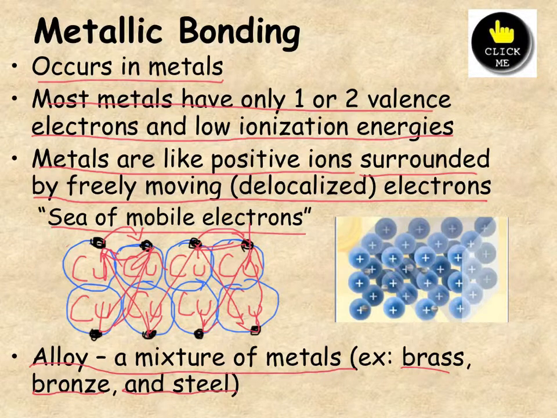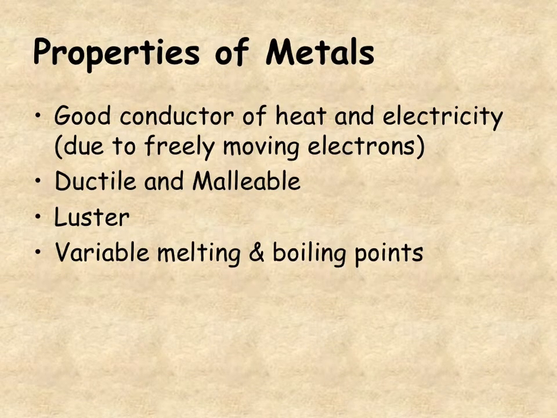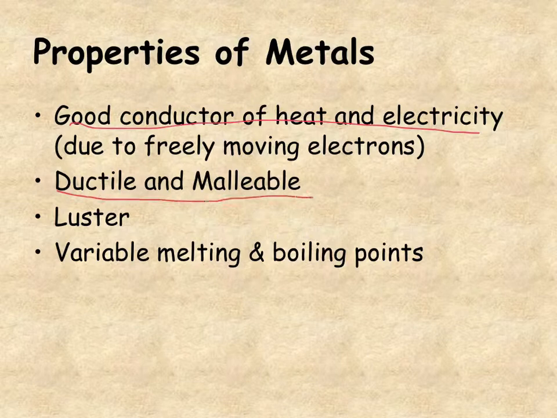Okay, so from the previous page, we do know that for one of the properties of metals, they are good conductors of heat and electricity due to that sea of mobile electrons that can move freely around. They're ductile and malleable. In other words, they can be shaped and formed easily. They have high luster, which means they're shiny.